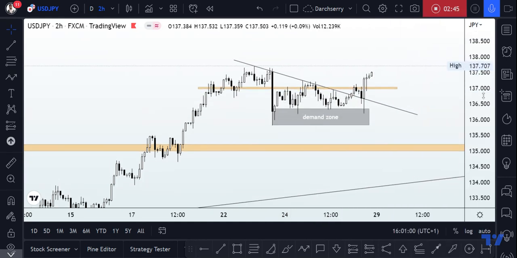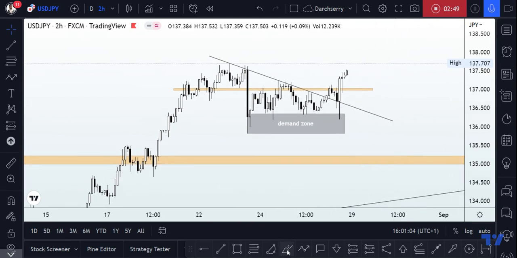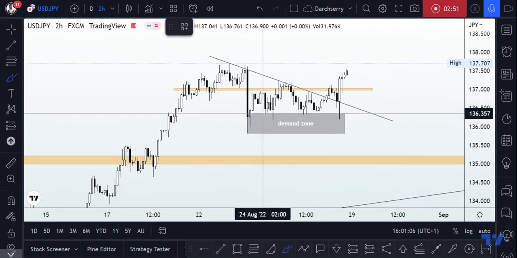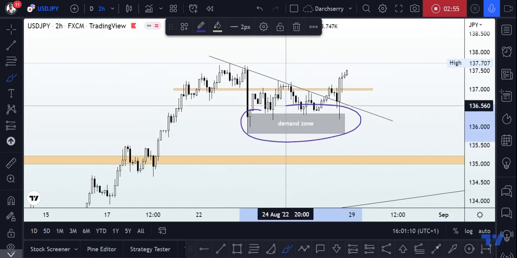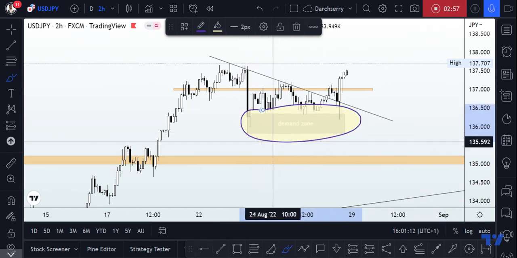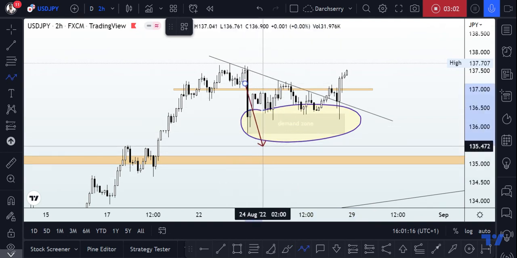One thing you will observe here during the course of last week trading session is the 136 Japanese yen area. We can see how this level was rejected by the buyers, as any attempt by the sellers to push price to the downside was met with stiff resistance from the buyers.